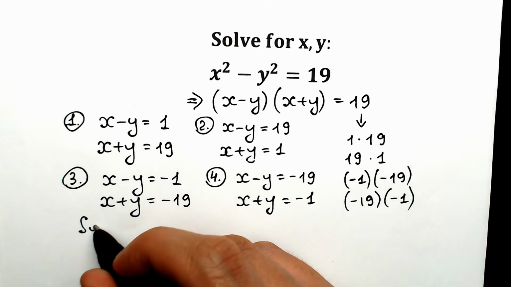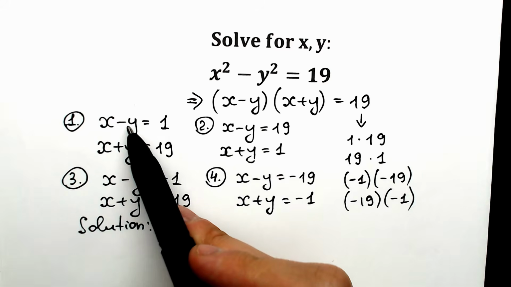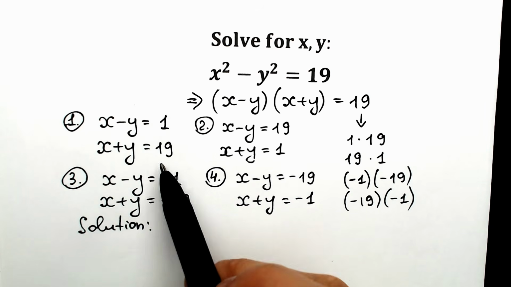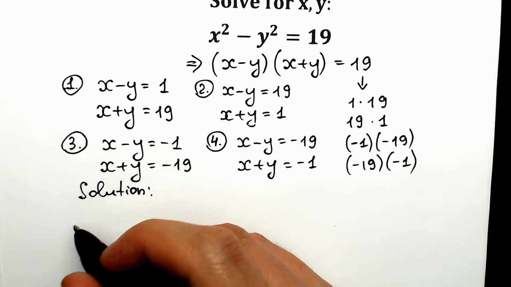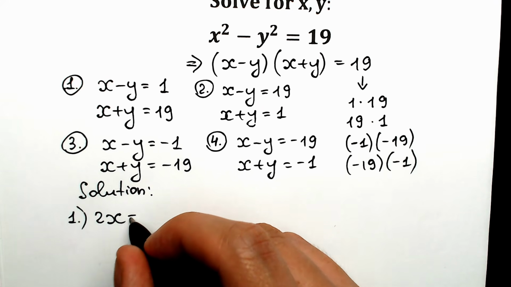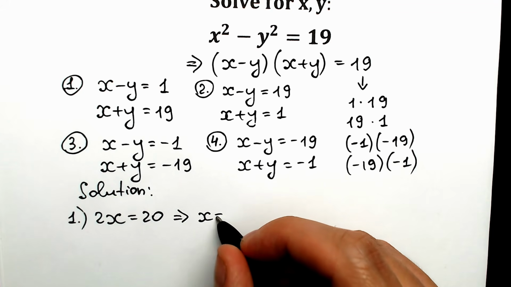So just look at this really tricky move. We're going to add our equations. When we add them, we can cancel this y quickly, and we have 2x equal to 20, for example, in the first system of equations. So 2x equal to 20, and from here our x is equal to 10.